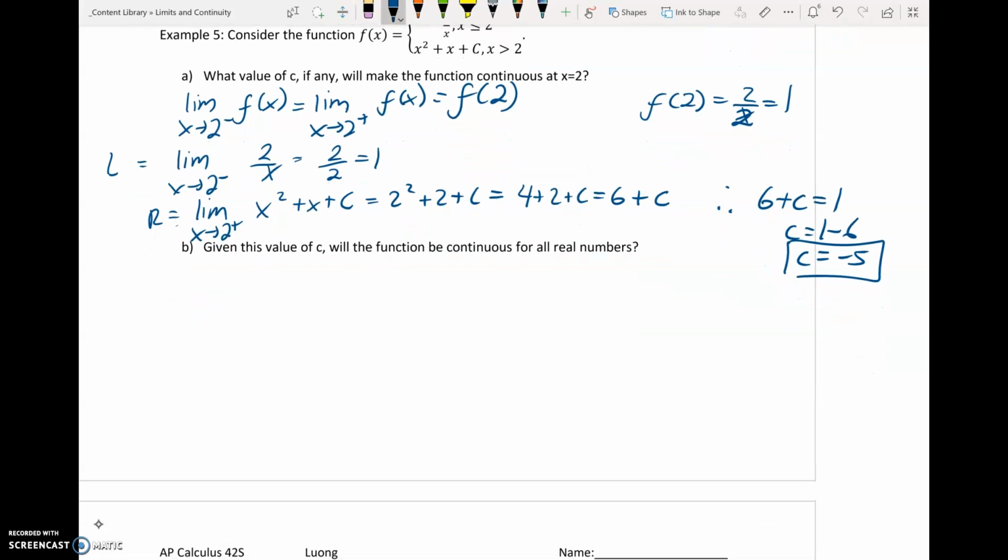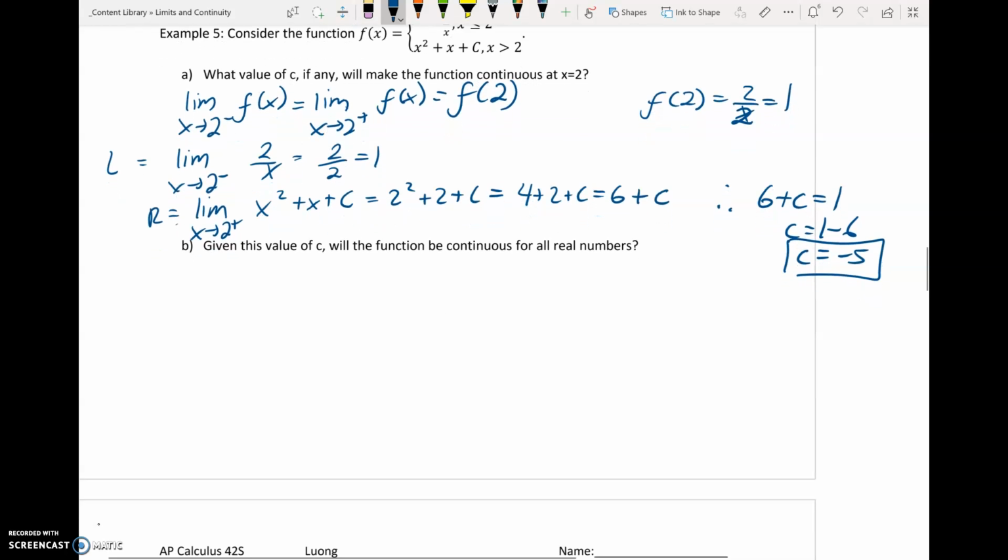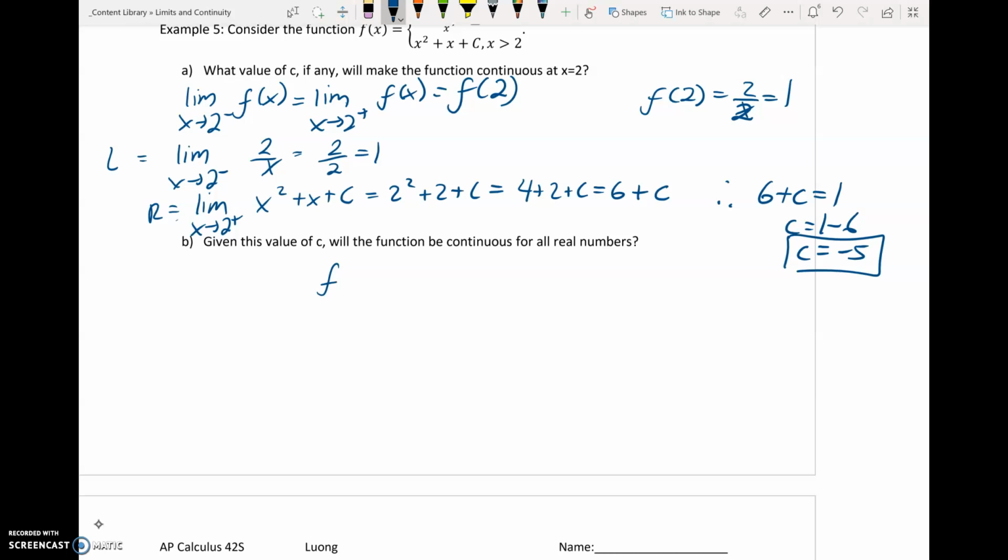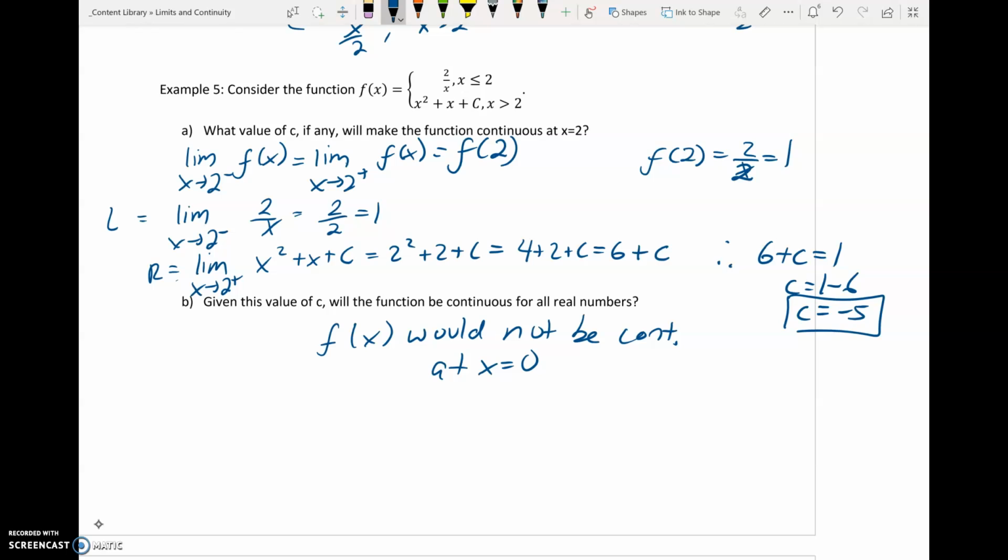For B, given this value of c, will the function be continuous for all real numbers? f of x would not be continuous at x equals 0, because if we look at 2 over x, we can't have a 0 in the denominator.